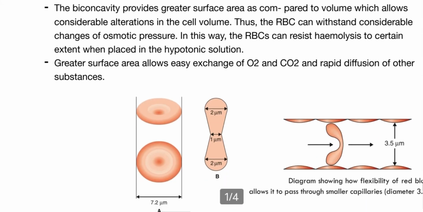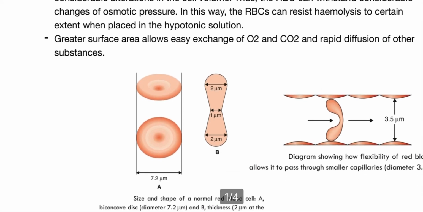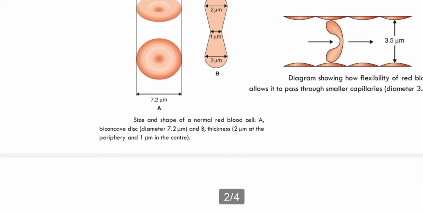Great surface area allows easy exchange of oxygen and carbon dioxide and rapid diffusion of other substances. So it is easy for the RBC to exchange oxygen and carbon dioxide due to this biconcave shape and larger surface area.